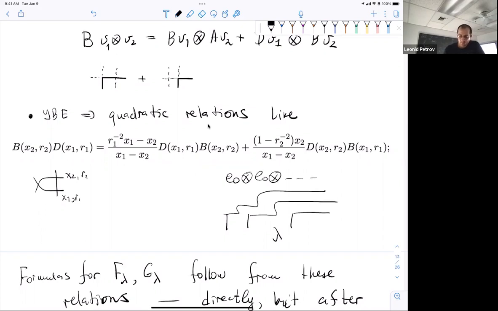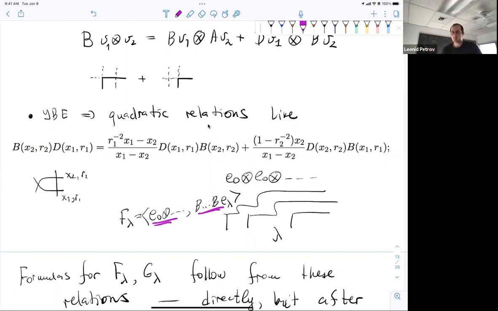And f is simply E naught times the action of the product of b's on lambda, and here I'm taking a formal scalar product, for which these e's are orthonormal. So you take a vector corresponding to lambda, which is E1 tensor E naught tensor E1 tensor E naught, depending on where you have arrows. Then you act by a product of b's, and then you take its coefficient with respect to the empty vector.